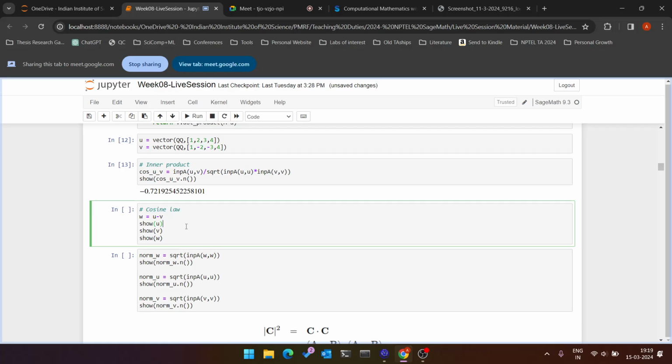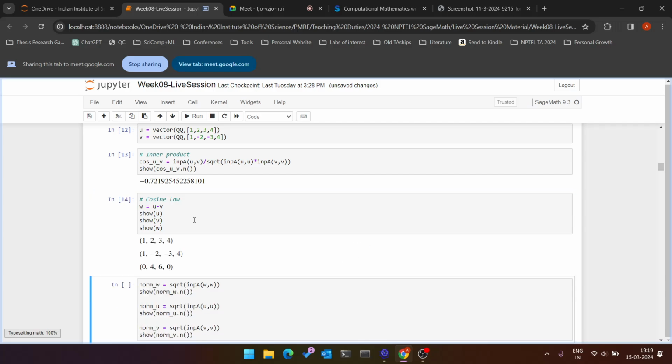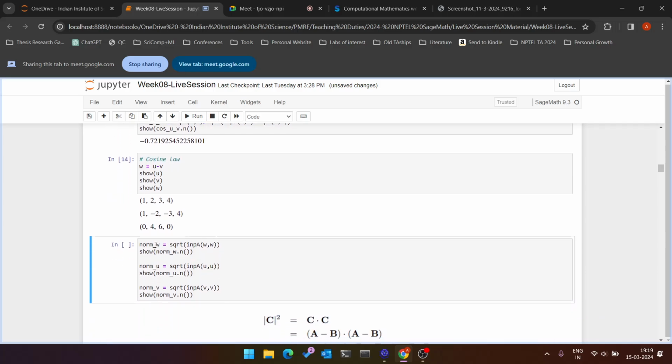So we first begin by specifying the vector w which equals the difference between vectors u and v. If I print all three vectors, I see them looking like this: u, v, and w is equal to u minus v. Next, I calculate the norms of w, u, and v.